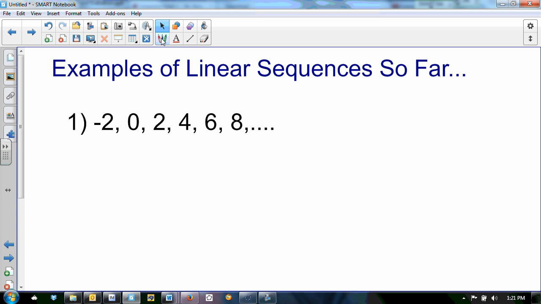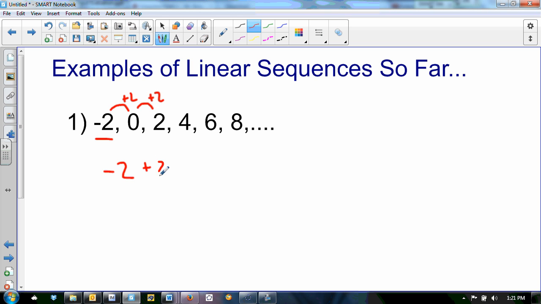So what we've been doing so far in class is identifying what your first term is and what your difference is, which we just said was add 2, and that's what we do to get from term to term. So our general rule that we write is our first term plus our difference times n or x minus 1. And that equals what we get when we put in any term number, say like the 10th term.